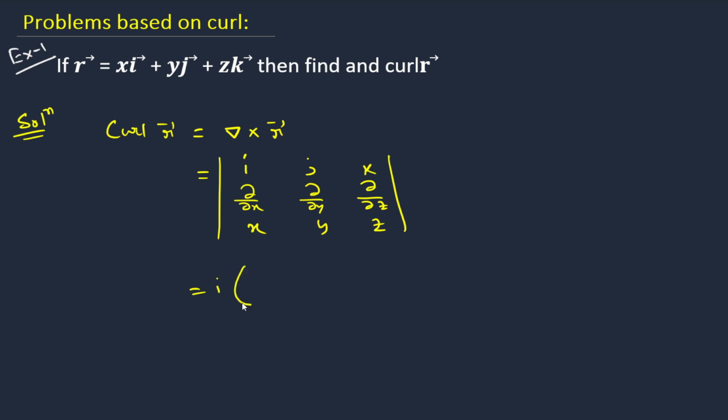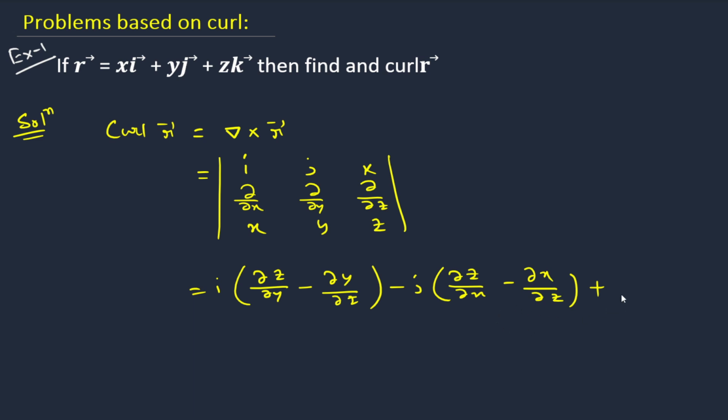Now we expand this determinant. So it will be del z by del y minus del y by del z, minus j cap into, this row, this column vanish, del z by del x minus del x by del z, plus next is k into del y by del x minus del x by del y.